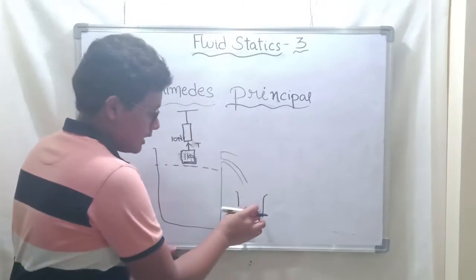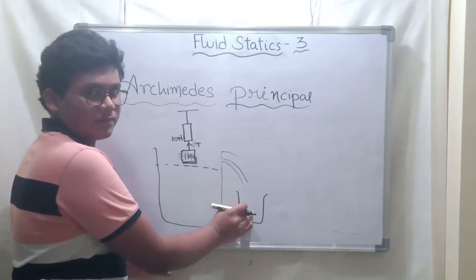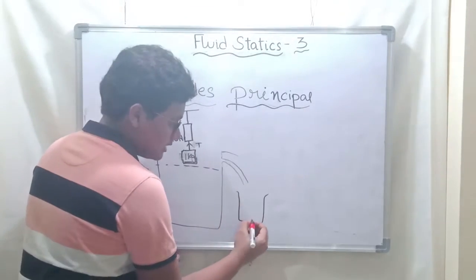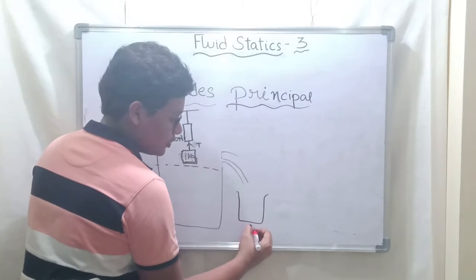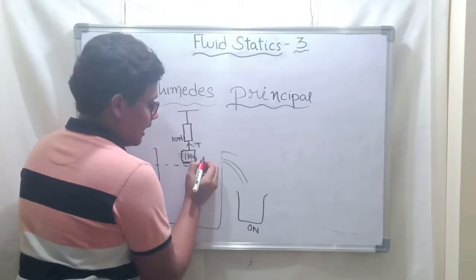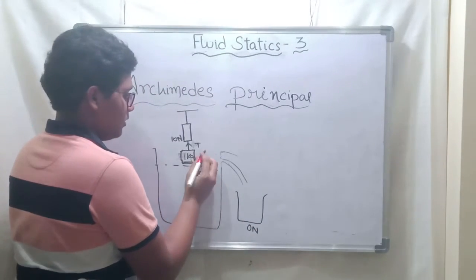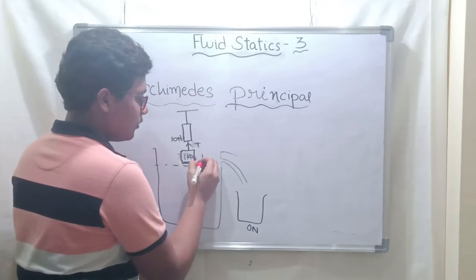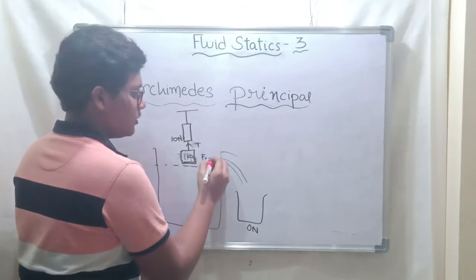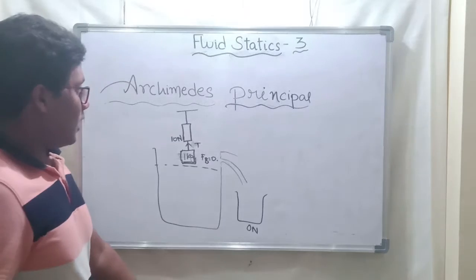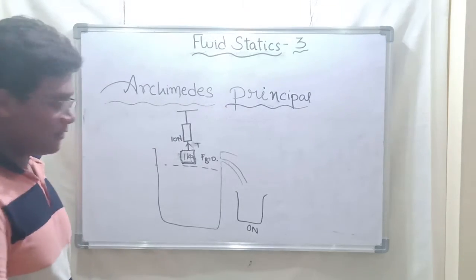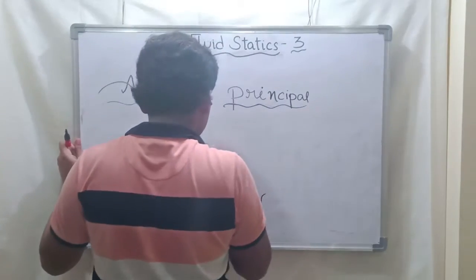So water is not displaced. Here 0 newtons, so the buoyant force is 0. When the buoyant force is active, I will explain now.